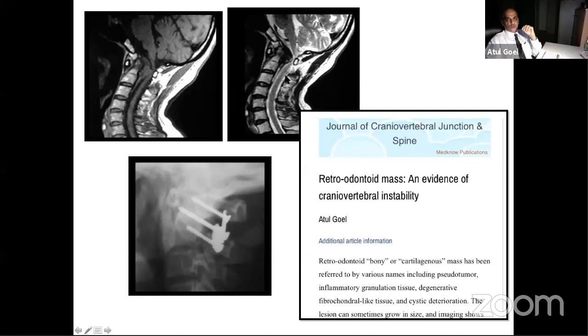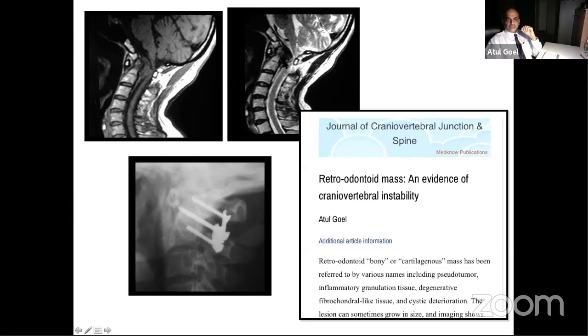Then somebody said, no, not come from front, come from side. So we introduced a very fantastic and a revolutionary concept that this is not a tumor, this is like an osteophyte. This is osteocartilaginous in structure, this is osteophyte, and this is not a primary problem. This is related to atlantoaxial instability, and atlantoaxial stabilization is the treatment. There is no need to remove this osteophyte.